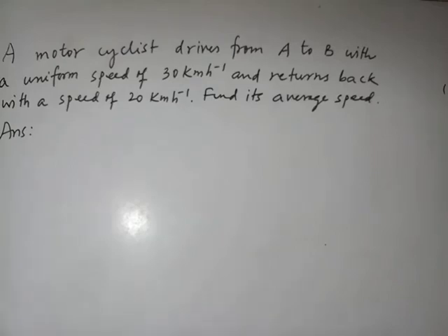This is a question of physics. A motorcyclist drives from A to B with a uniform speed of 30 km per hour and returns back with a speed of 20 km per hour. Find its average speed.